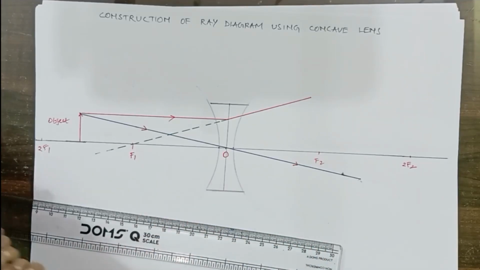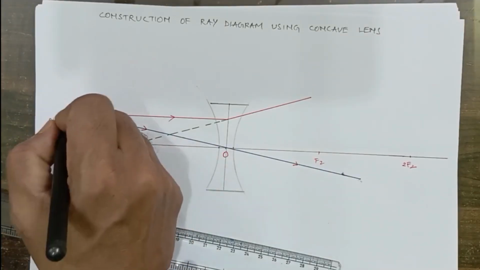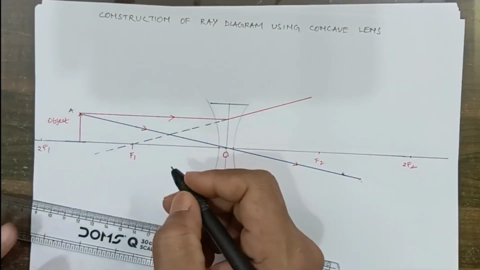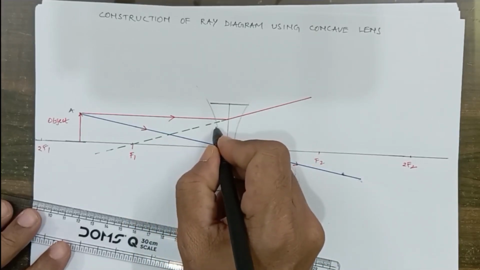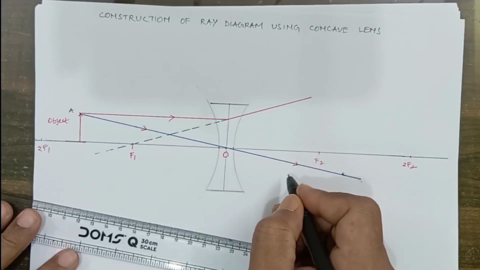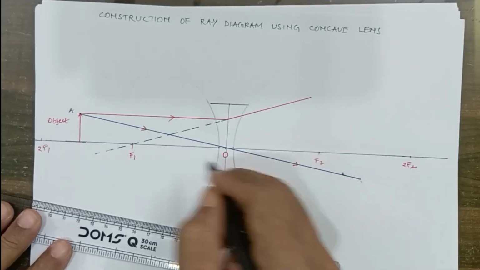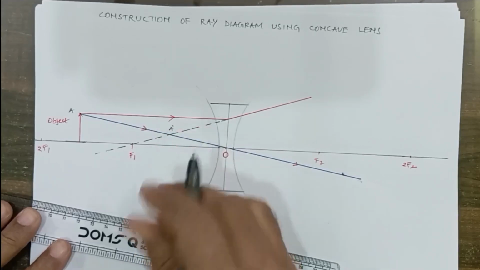The point source at the top of the object, let me name it as A. The point of intersection of this backwards drawn refracted ray and the incident ray passing through the optical center would be the image of the top of the object.